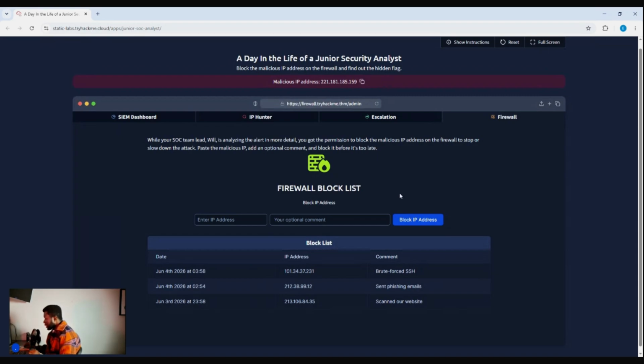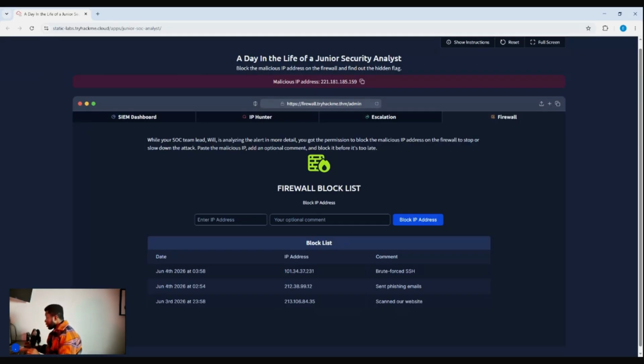Now you can see that after the escalation, the SIEM has recommended to block this malicious IP address while the SOC team lead is analyzing the details of this alert.